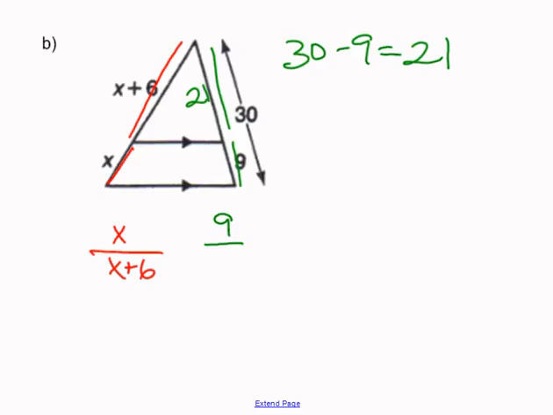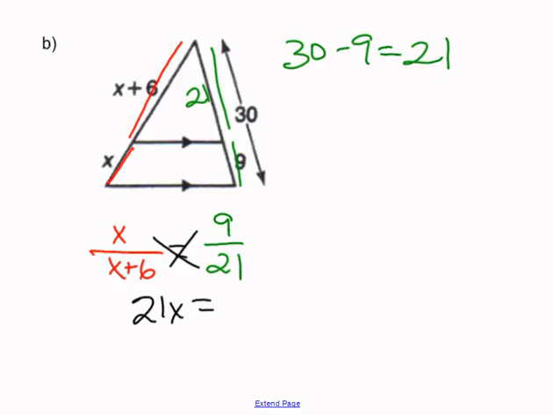So we've got 9 over 21. Remember, I'm taking the small chunk and then the large chunk, the small chunk and the large chunk. You can do it the other way around too. You could put x plus 6 over x and just do it opposite, but I just choose to put the small chunk first.